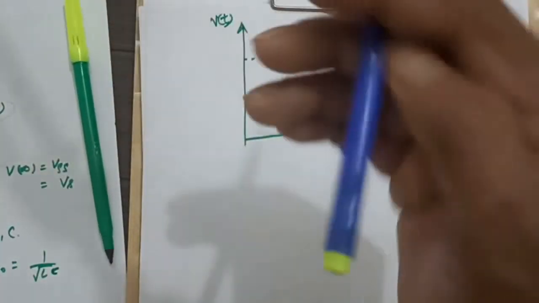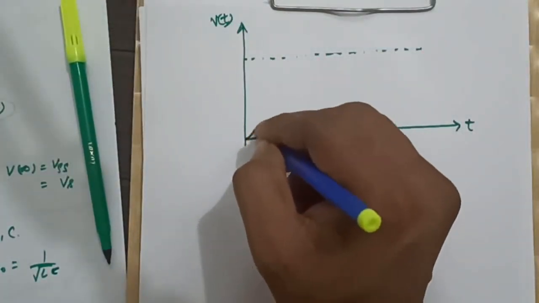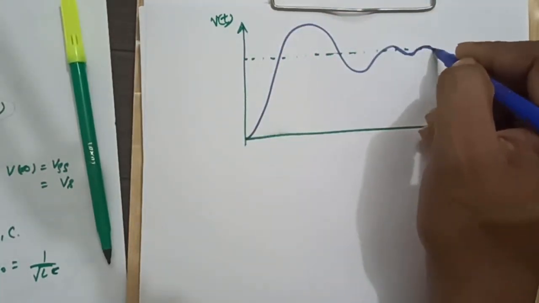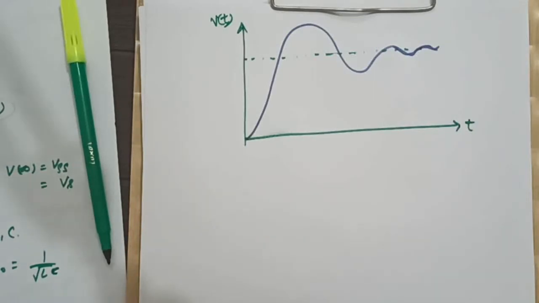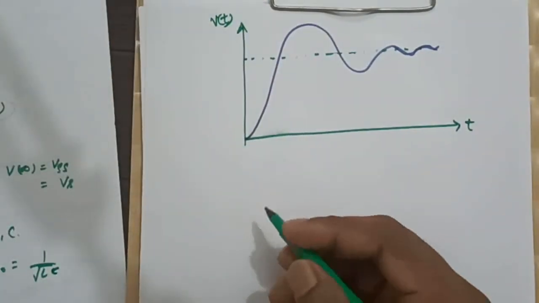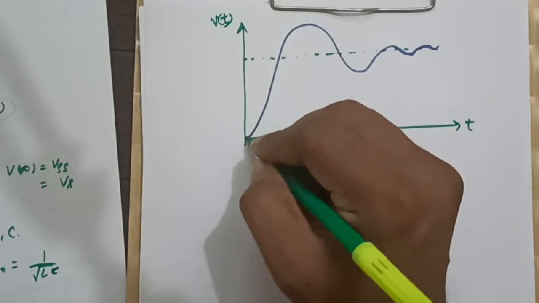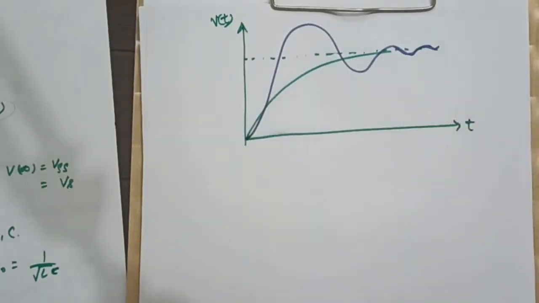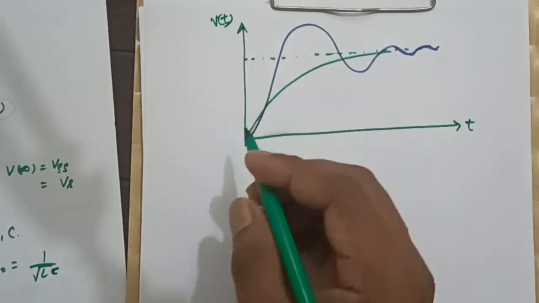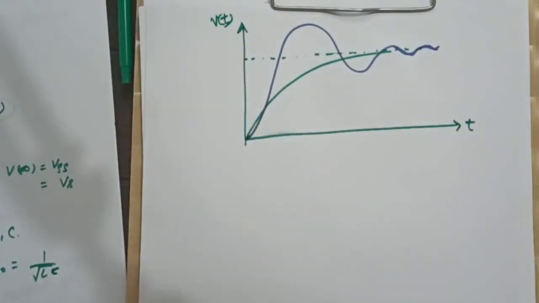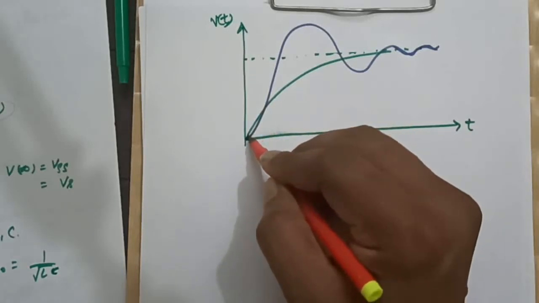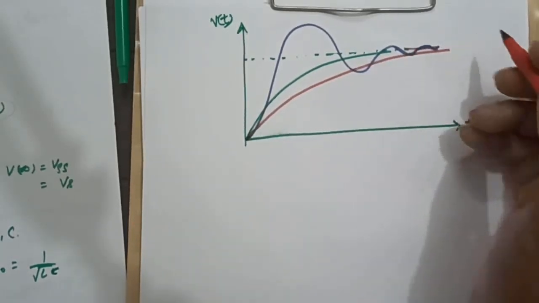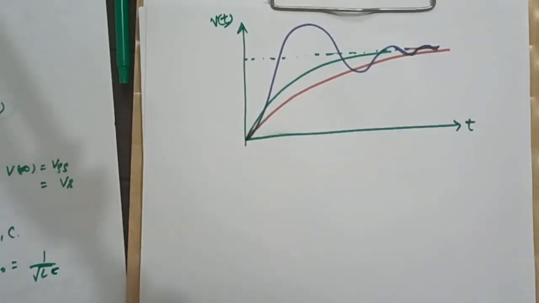For the underdamped condition, it will look like this. The critically damped will settle down quickly, and the overdamped will take more time to reach steady state.